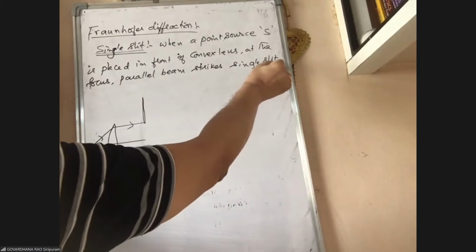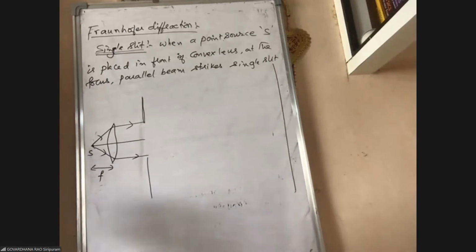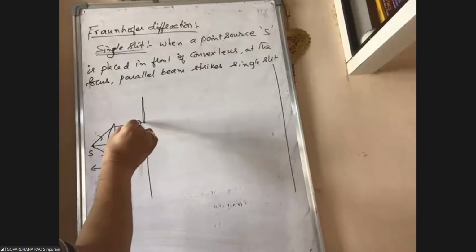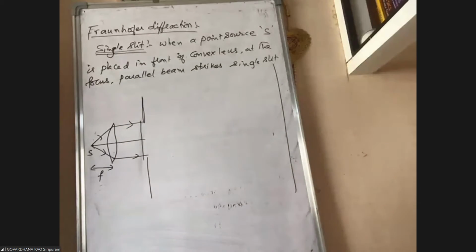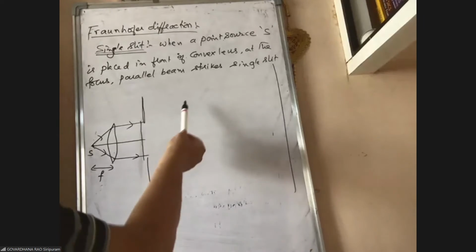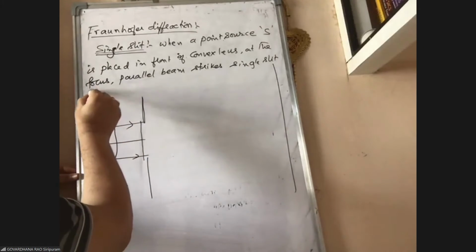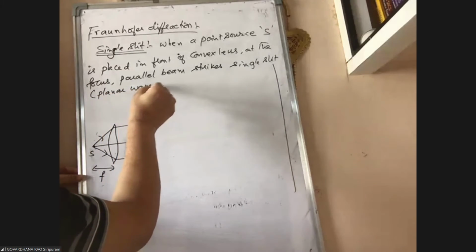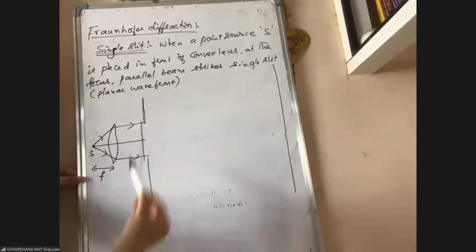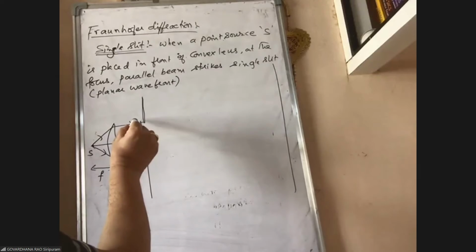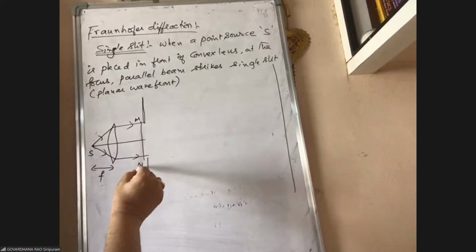Now this is the screen. So these particular rays, what is the nature of the wavefront? Because for a parallel beam the nature of the wavefront is planar. So a planar wavefront strikes this slit.